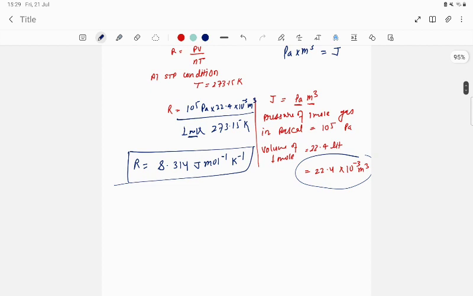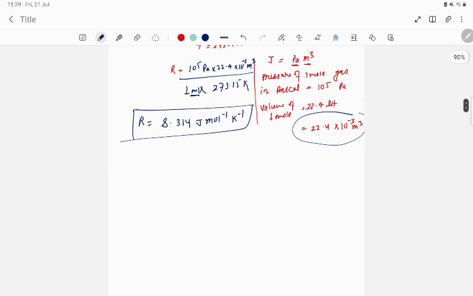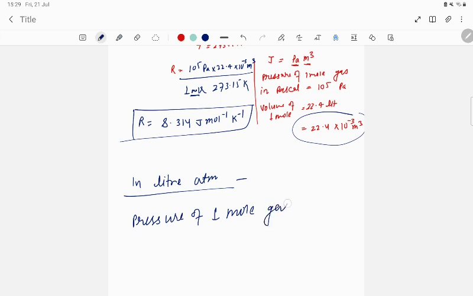Now in a different unit, second we are going in liter atm. When you talk about liter atm, pressure of 1 mole gas is 1 atm.